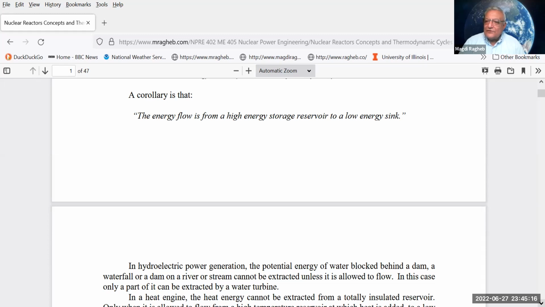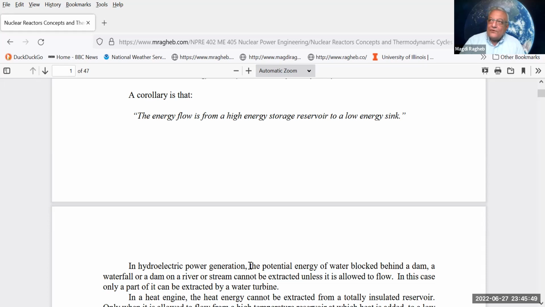So if you want to convert your potential energy into kinetic energy, the rotation of the blades of the hydraulic turbines, and then turn it into electricity, you need to allow the water to flow. And it could be a natural waterfall, like the Niagara Falls, or the ingenuity of humans is that we build also dams, like the Hoover Dam in general.